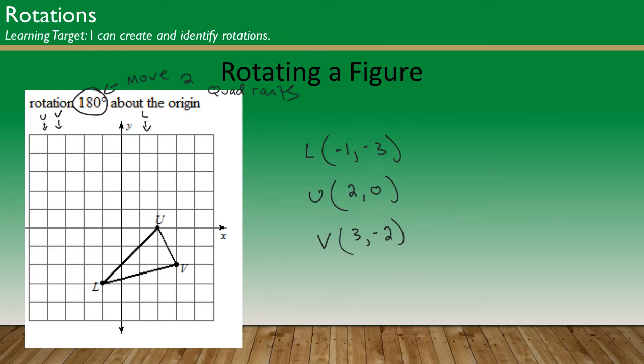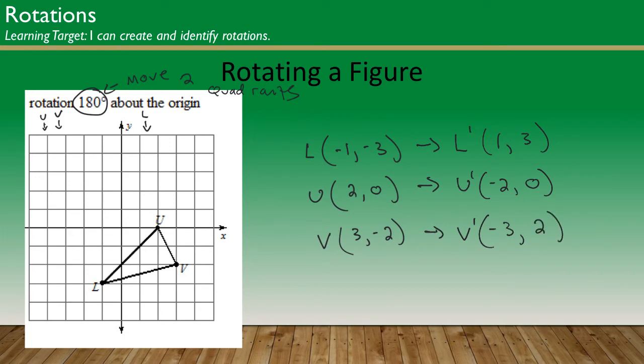So if we are going to rotate 180 degrees, all we have to do is change both signs. So L prime is going to be at 1, 3. U prime is going to be -2, 0 is still just 0. And then V prime is going to be -3, +2.